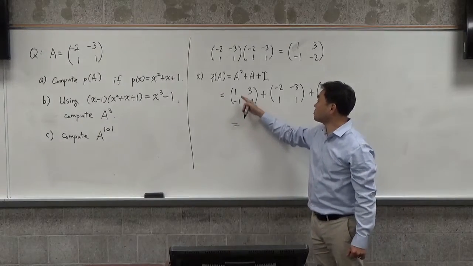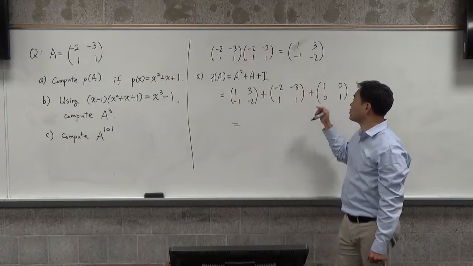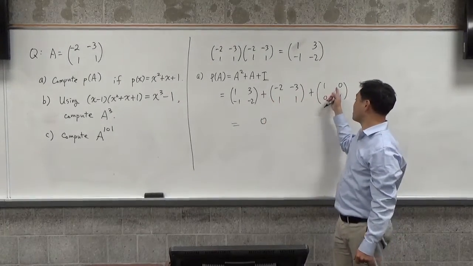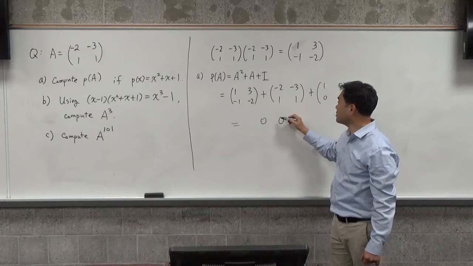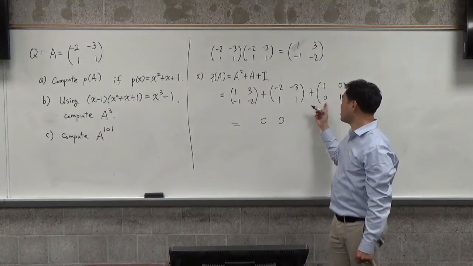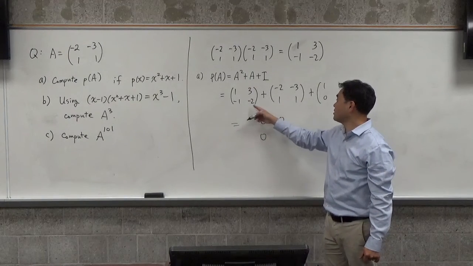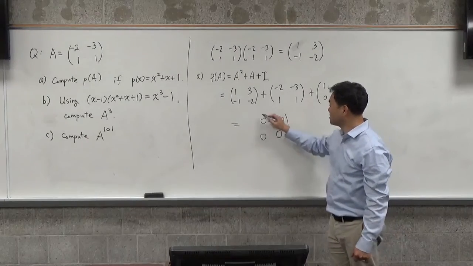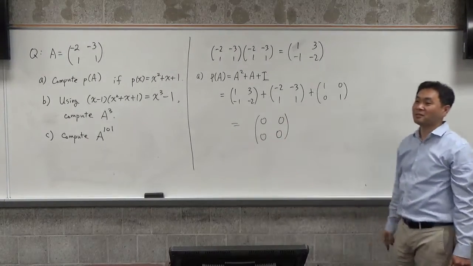So we had 1 plus negative 2 plus 1. What's that? 0. 3 plus negative 3 plus 0. 0 again. Negative 1 plus 1 plus 0. Oh, 0 again. Negative 2 plus 1 plus 1 is? 0. Huh. That's nice. Okay.